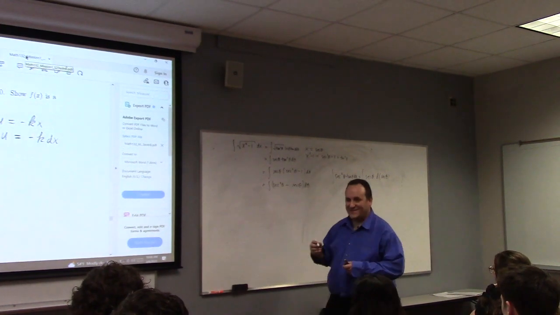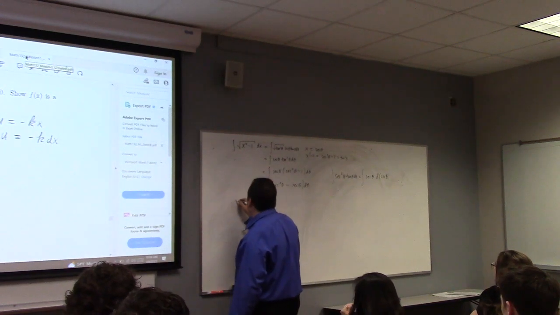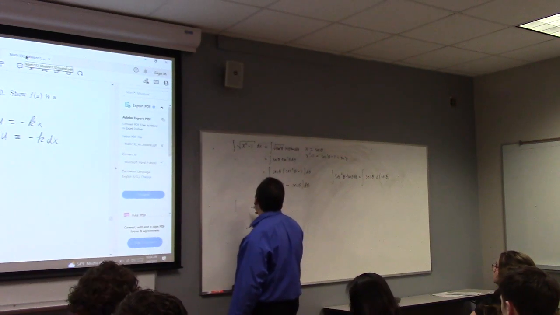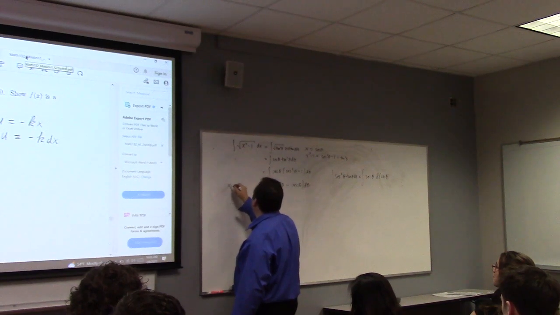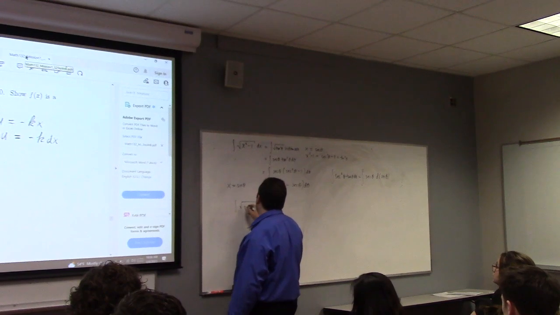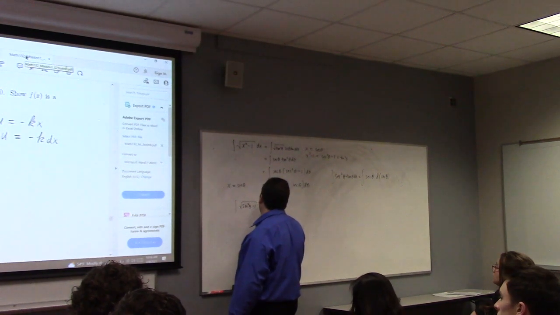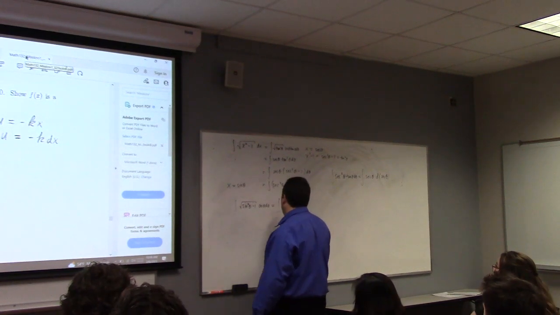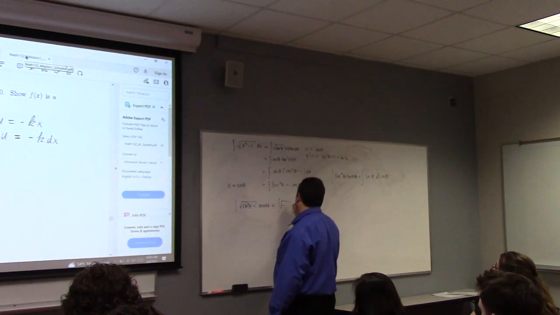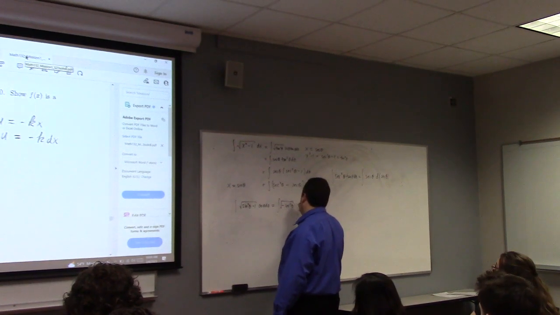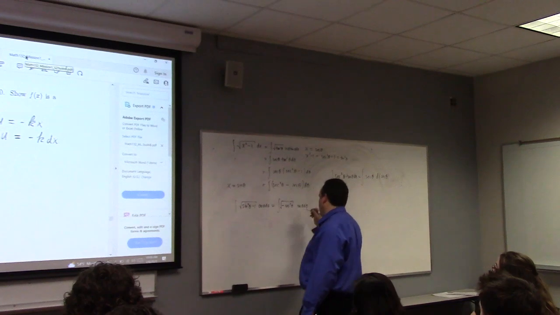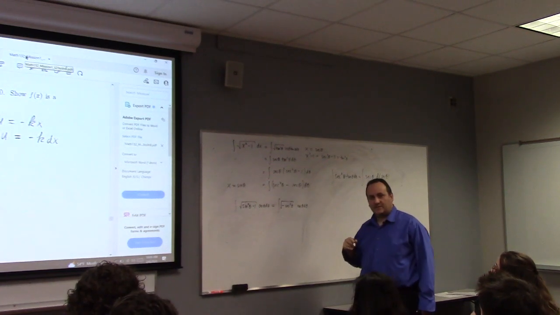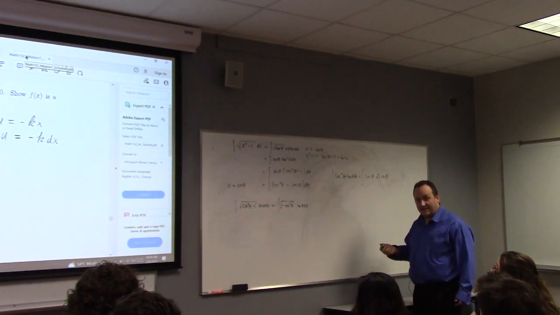So here's the thing, it was brought to my attention that you could just foolishly say, oh, I'm going to make x equals sine theta. So that would be the square root of sine squared theta minus 1. Dx would be cosine theta d theta, right? Which is the integral of the square root of minus cosine squared theta, because sine squared theta minus 1 is minus cosine squared theta.